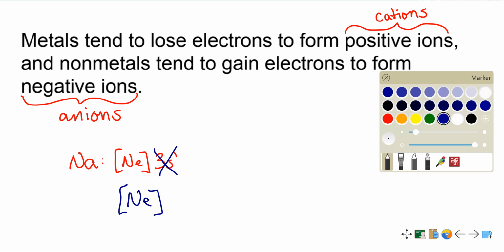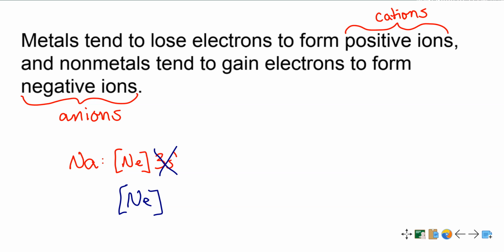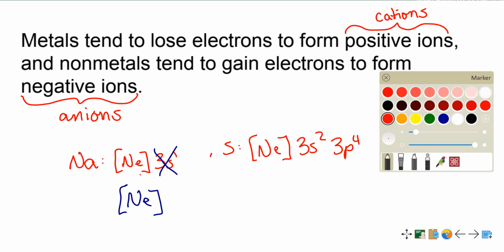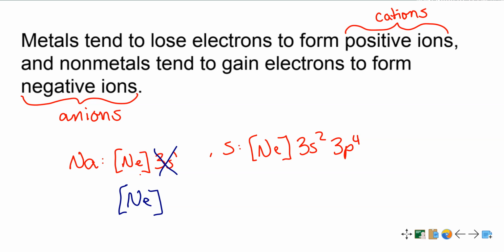On the other hand, I'm going to switch back to red. On the other hand, sulfur has an electron configuration of 3s2, 3p4. So it is too short of a noble gas.